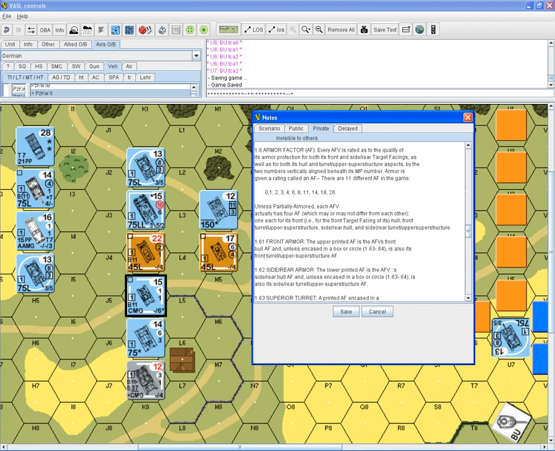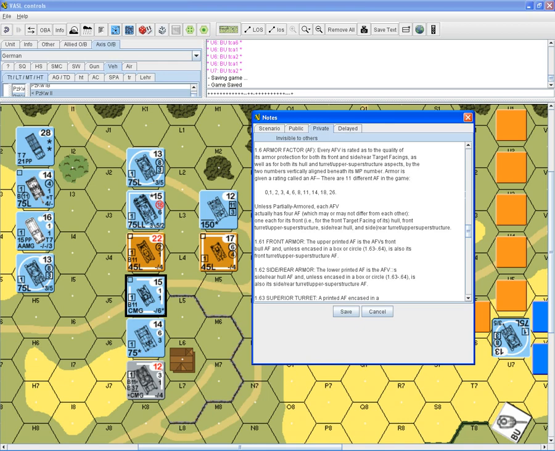Every armored fighting vehicle is rated as to the quality of its armor protection, both for its front and its side and rear target aspects, as well as both its hull and its turret aspects, by the two numbers vertically aligned beneath its movement point numbers.